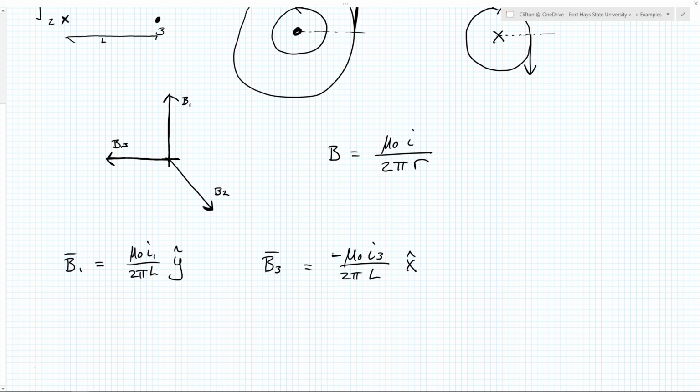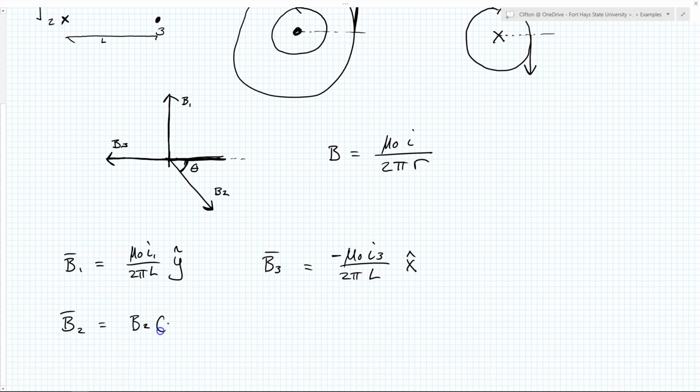And now we need to figure out what the x and the y components of the magnetic field due to current 2 are. Let me just draw an angle here so that we have a reference. We'll have to figure out what this angle is. But if I knew that angle, then the magnetic field due to current 2 could be written as the magnitude of the magnetic field due to current 2 times the x component, which for the angle that I have drawn here would be the adjacent side.